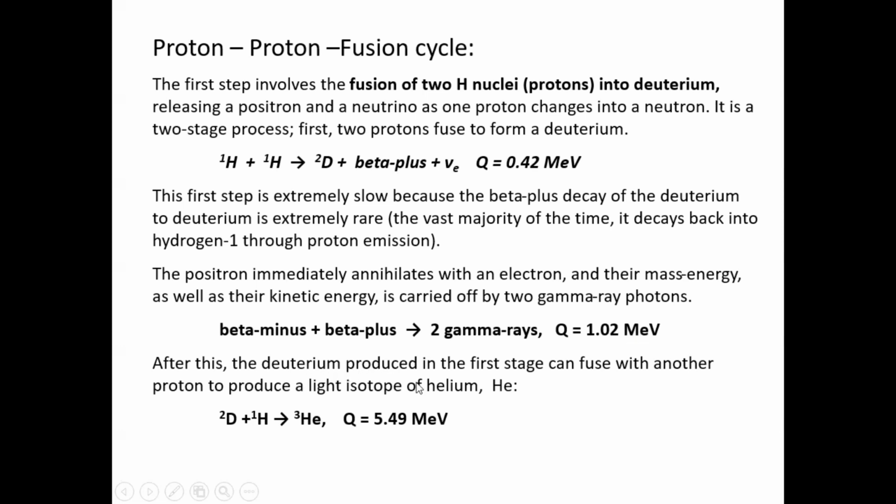After this, the deuterium produced in the first stage can fuse further to produce the lighter isotope of helium, and helium-3 is produced. So the proton-proton fusion cycle is slow because of this reaction, and eventually it gets to helium, and a large amount of energy is emitted. The total energy emission is high.